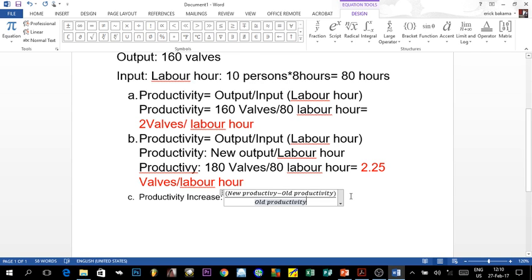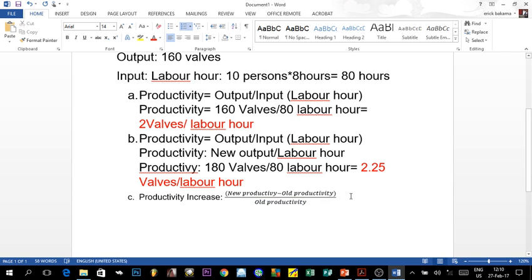And then we multiply that by 100%, because the productivity increase must always be in terms of percentage, so that we can find the value in percentage.